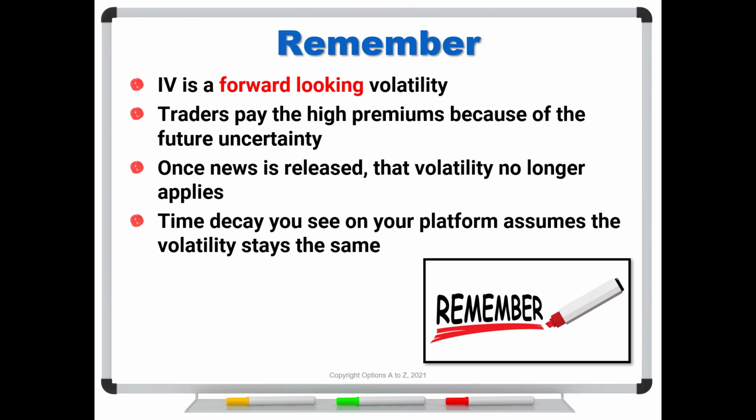The time decay that you see on your platform assumes that the volatility stays the same. And this is one of the main reasons I'm not a big fan of playing the earnings. It's not just about guessing whether the earnings will be better than expected. It's about understanding how the crowd is going to react. And it's also about understanding and trying to estimate the volatility crush.